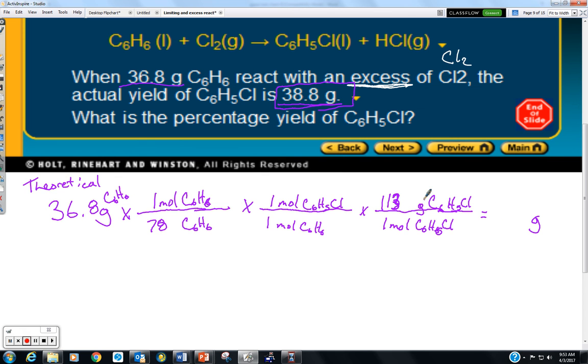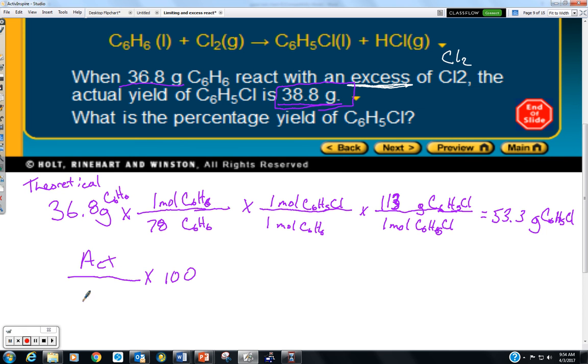Theoretically, we can produce 53.3 grams of C6H5Cl. So theoretically, we could produce 53 grams. In our lab, how much did we actually produce? 38.8.